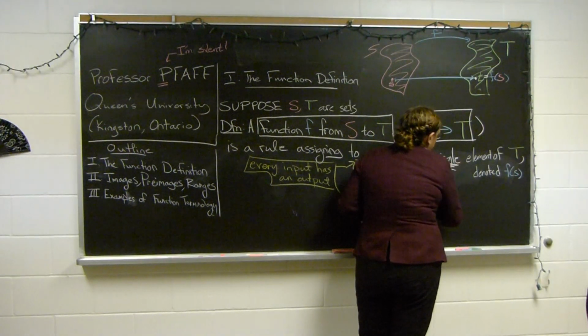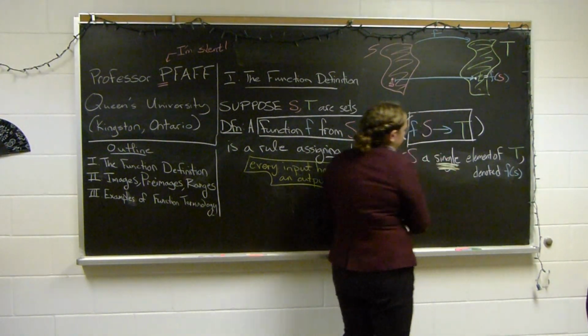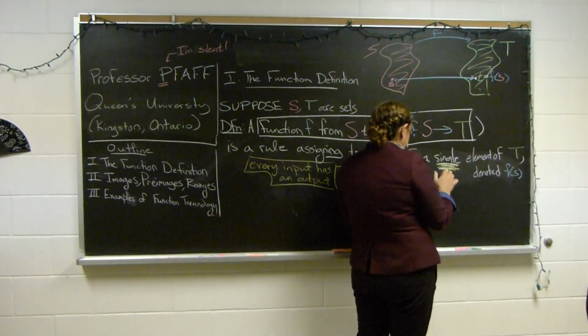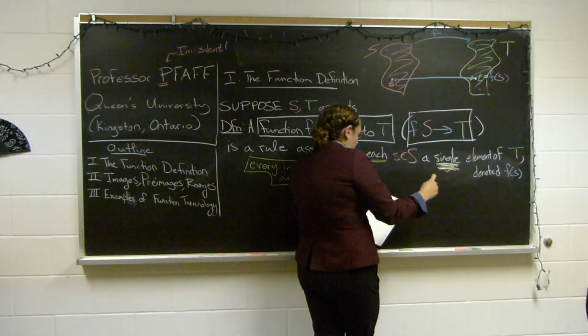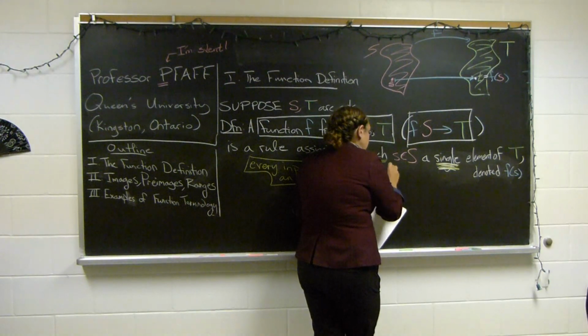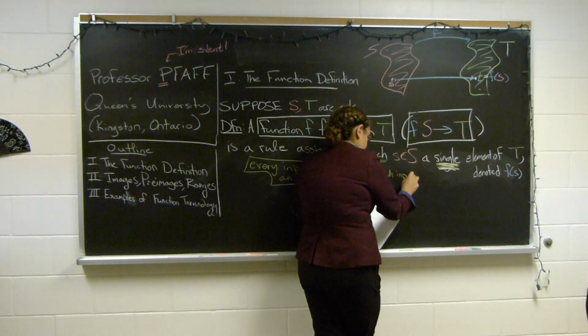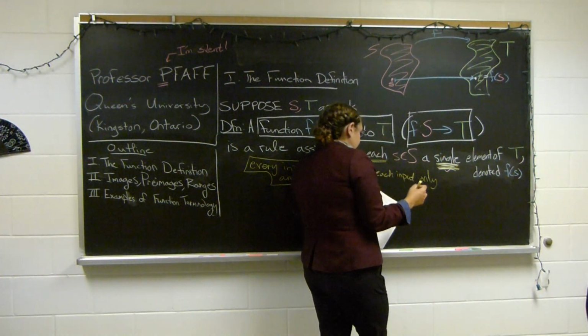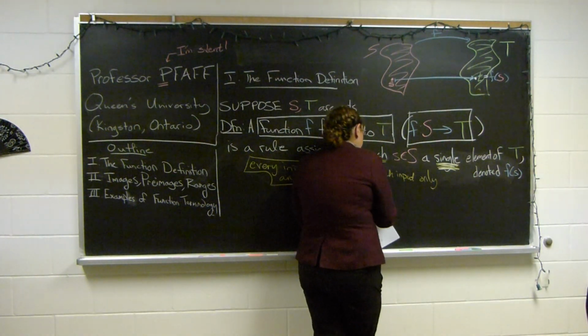This is the part where the definition really translates into well-definedness, and this is the part where students get it confused a bit with injectivity, which is a whole other lecture. Okay, so each input only has one, or a unique, output.